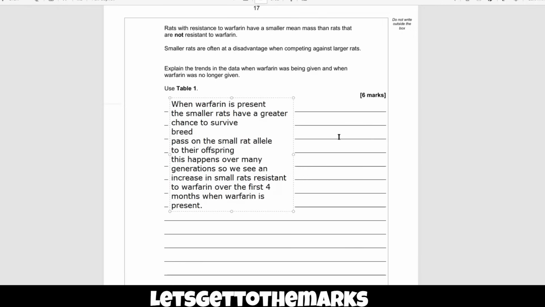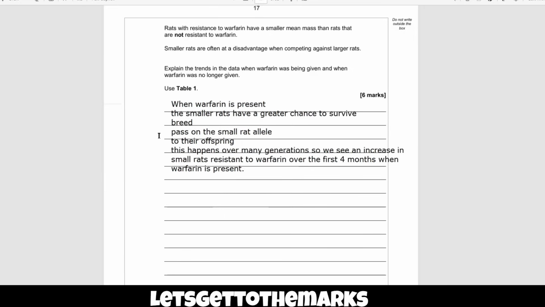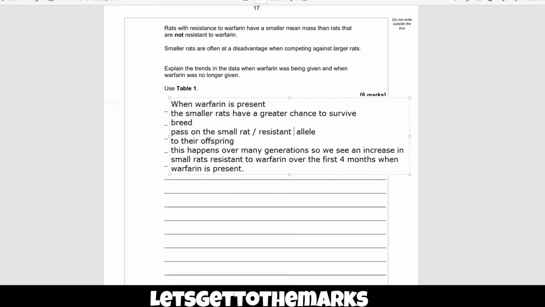So while the rats are living in an environment with the warfarin, which basically kills the rats, the smaller rats have a greater chance to survive because they're more resistant to warfarin. They pass on the resistant allele to their offspring. This happens over many generations. So I would say there's at least 3 or 4 marks.